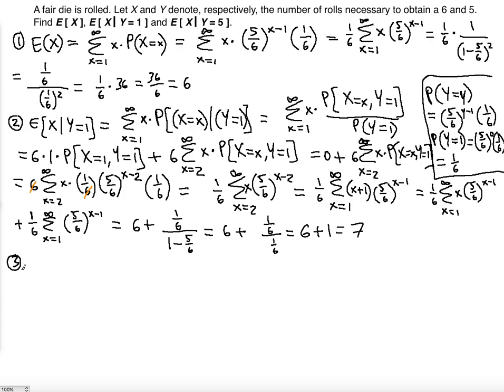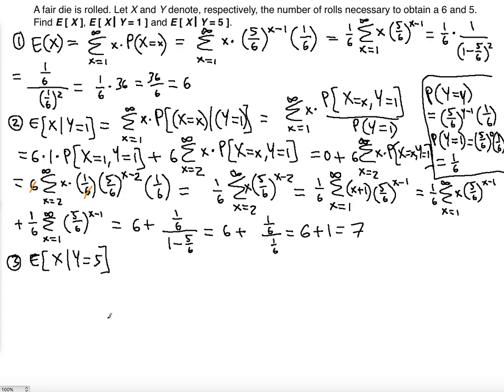Now the last part requires slightly more work, because now you will get a tougher case. You'll get the expected value of x given that the y random variable is equal to 5.